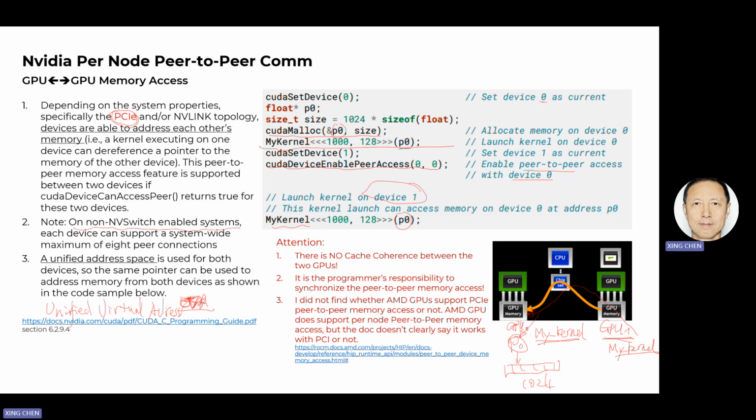It's just not mentioned. It didn't mention whether it works with AMD GPUs. So on this point I don't know, just to be clear. But anyway, things will move on, but here we know that there is this kind of peer-to-peer memory access between the GPUs attached to the same server.